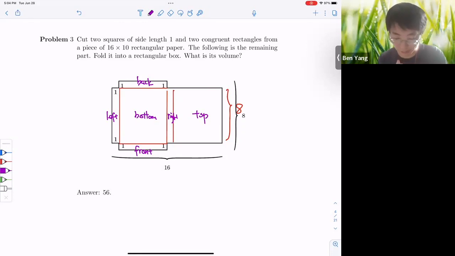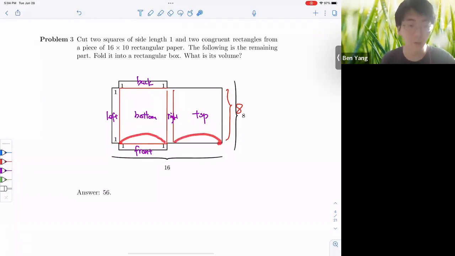Okay. The total length here is 16, and we have 1 and 1. Those 2 parts are like the height of the box, and that means the sum of those 2 should be 14, but they are equal, right? They're like the length of our box.